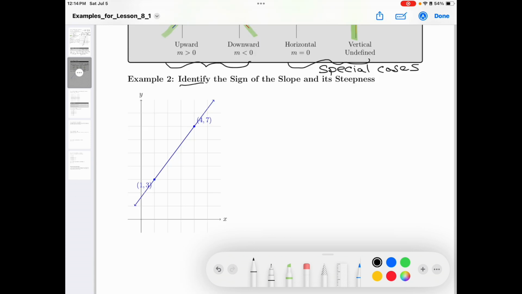For this one, we're going to identify the sign of the slope and the steepness of the slope. The steepness is the number, and then the sign is what's in front of that number, whether it's a positive or a negative. So there's a couple different ways that you can do this. You can do this by looking at the graph, and you can do this by using the formula.